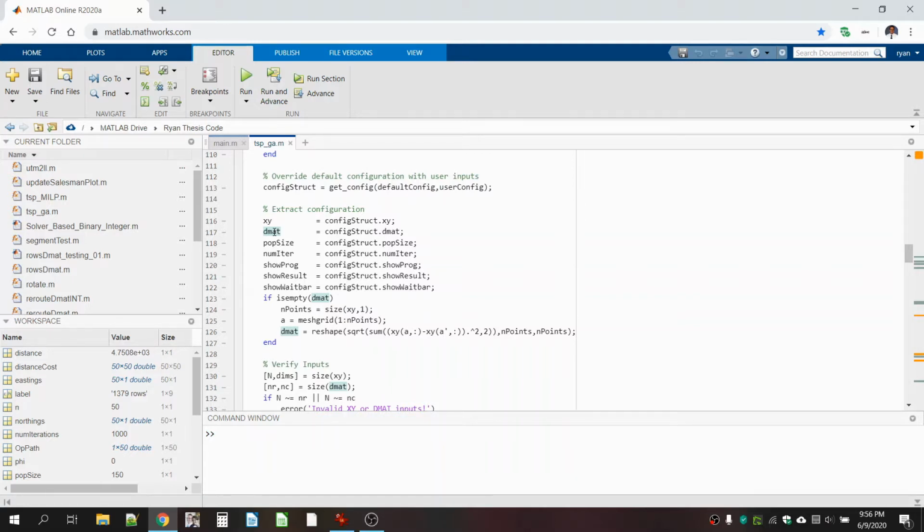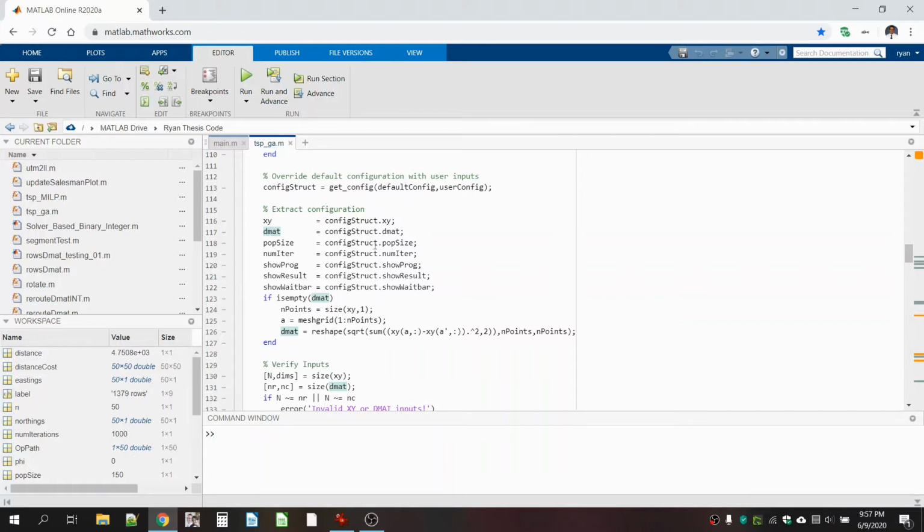So if there are 10 potato plants, DMAT will be 10 rows by 10 columns. The element at column 3, row 7 will be the straight line distance between plant 3 and plant 7. Okay, so that's what DMAT is.